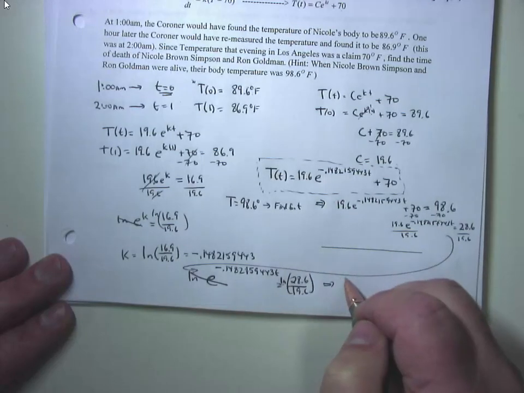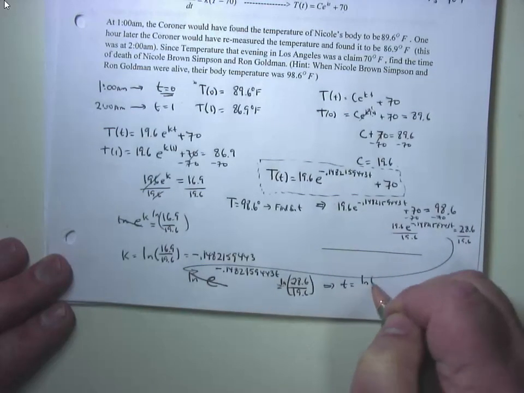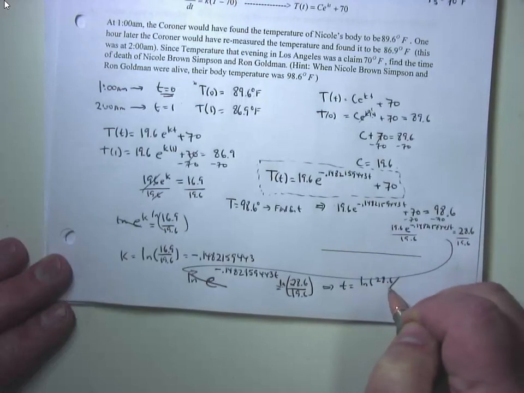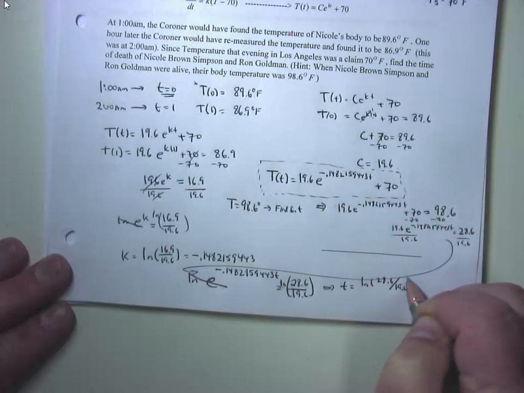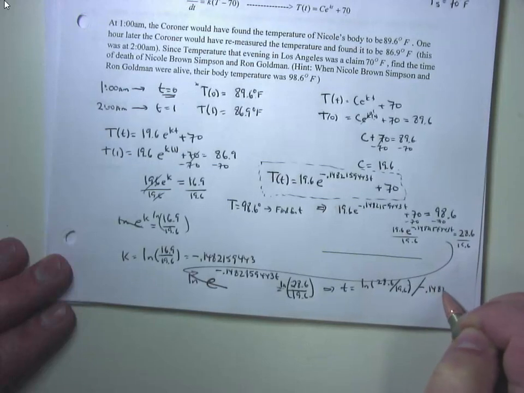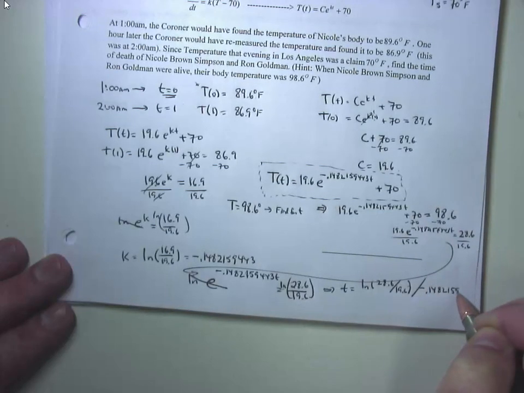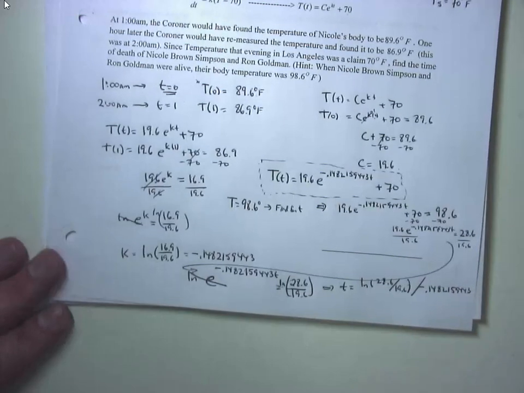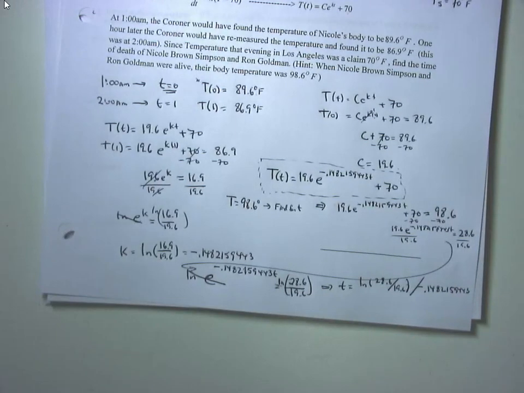0.1482. So I get t equals the natural log of 28.6 divided by 19.6, divided by negative 0.1482159443. Let's see what you get here.